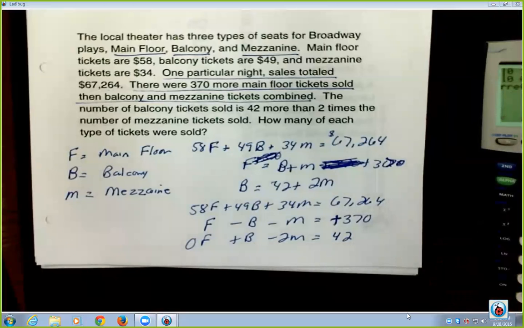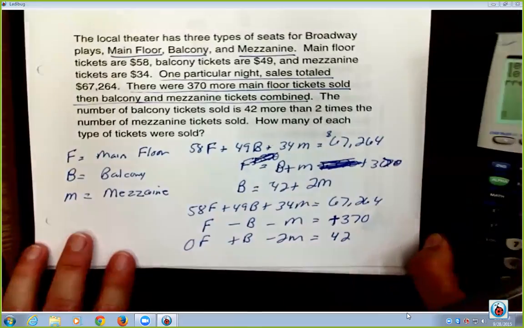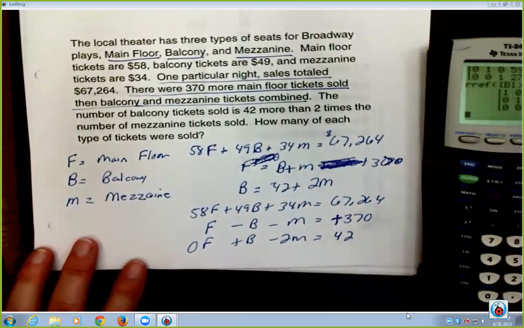So it's the 370 that we had in the wrong spot. So they sold 817 main floor tickets. They sold 312 balcony tickets, and they sold 135 mezzanine tickets. So our 370 should have been on the other end. Sorry about that. We kind of got that one all in the wrong location.